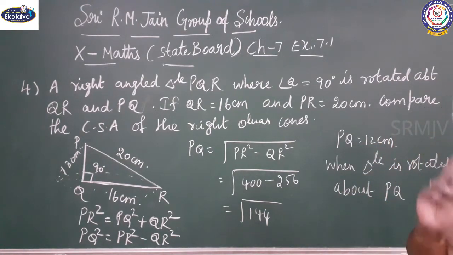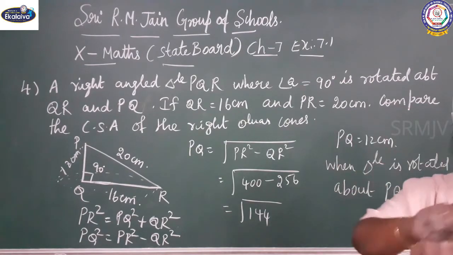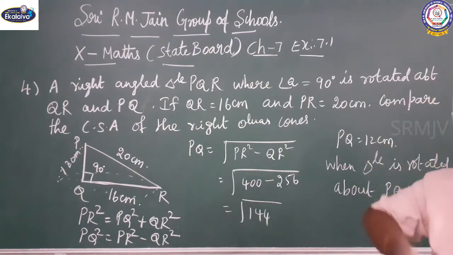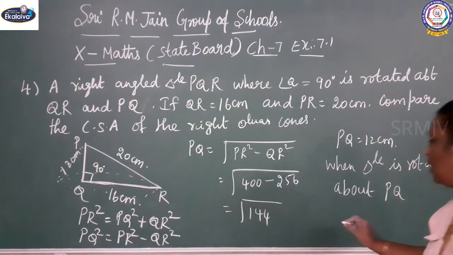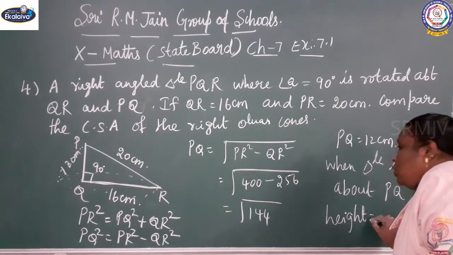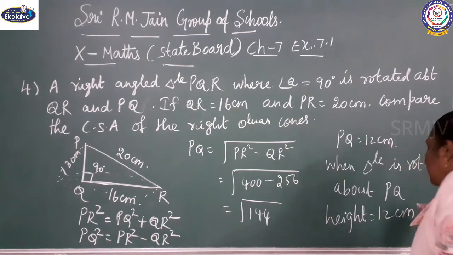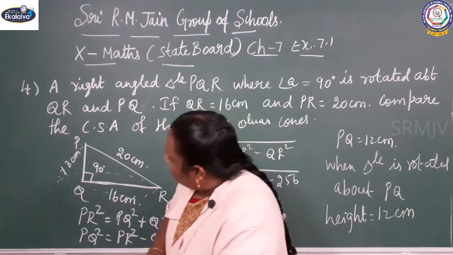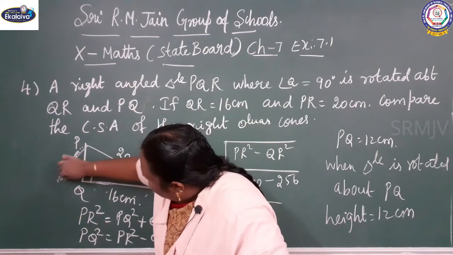Rotated about PQ, you can imagine the cone is rotated like this. The y-axis you can imagine as the height of the cone. So height equals 12 centimeters. Then radius. This is nothing but a radius.